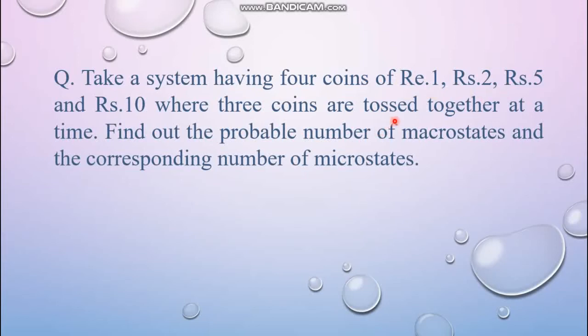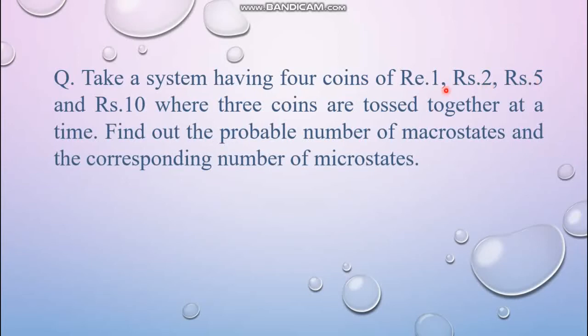So first probability is head of all the 3 coins. Second probability, tail of all the 3 coins. Third probability, head of the first 2, tail of the third one. Then fourth one is head of the first one, tail of the rest of the 2.